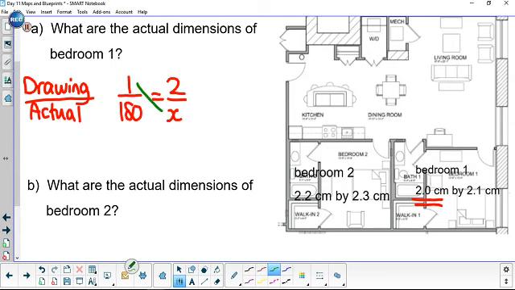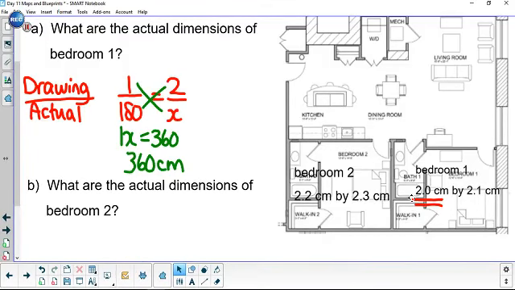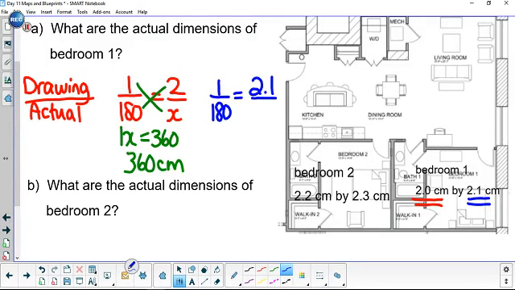1 times x is 1x. 180 times 2 is 360. Because it's 1x, we do not have to divide. So the first dimension is 360 centimeters. The second dimension is 2.1. So 1 to 180 is our scale. The measurement on the diagram is 2.1. We want to find the actual measurement.